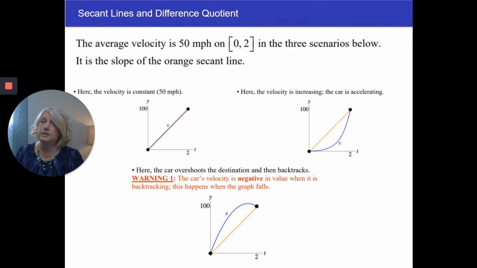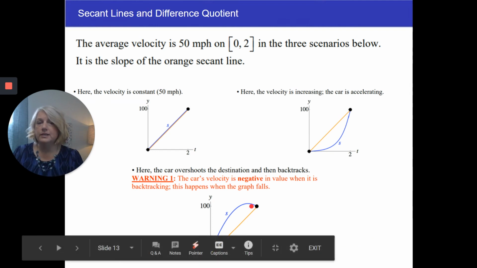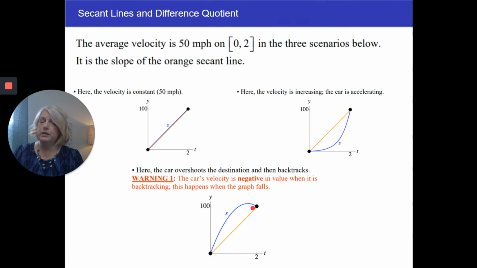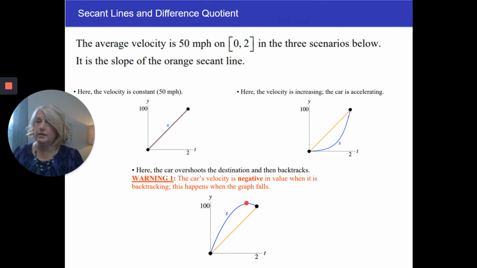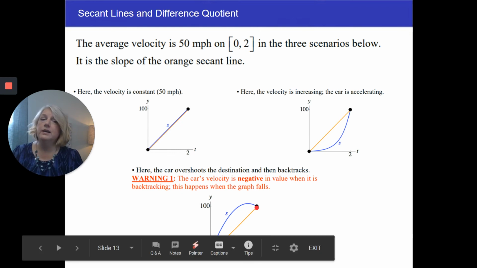Whenever your velocity is negative or your function is decreasing, like in this little section of the graph right here, that would mean you would be going south. So the car was traveling north up until this peak right here, and then realized they overshot their destination, and then they were traveling south for that part of the trip.